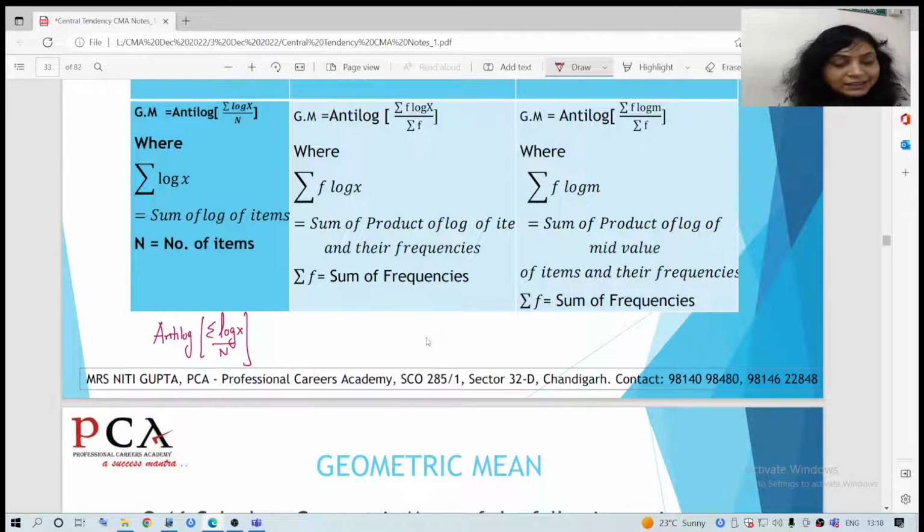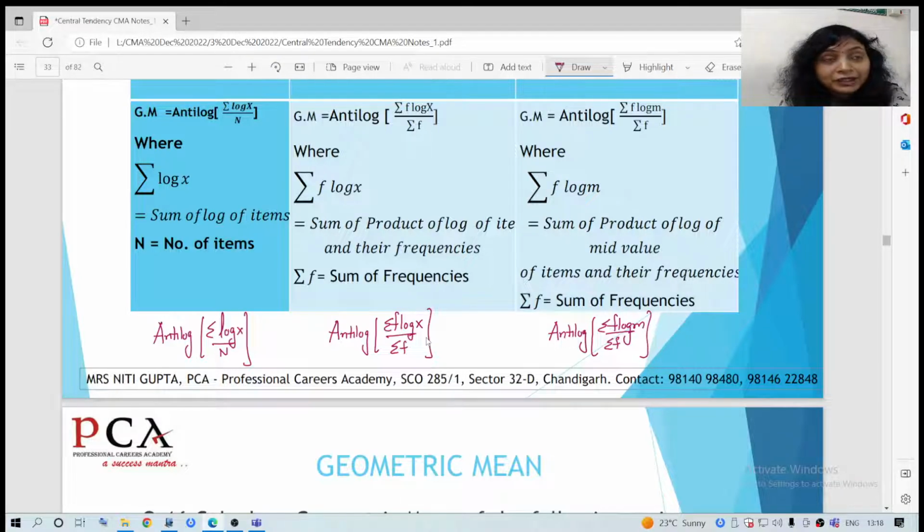And if it is a discrete series, then formula is anti-log of summation f log x upon summation f. And if it is a continuous series, then formula is anti-log of summation f log m upon summation f. So we have solved various questions of individual, discrete and continuous series to find out geometric mean.